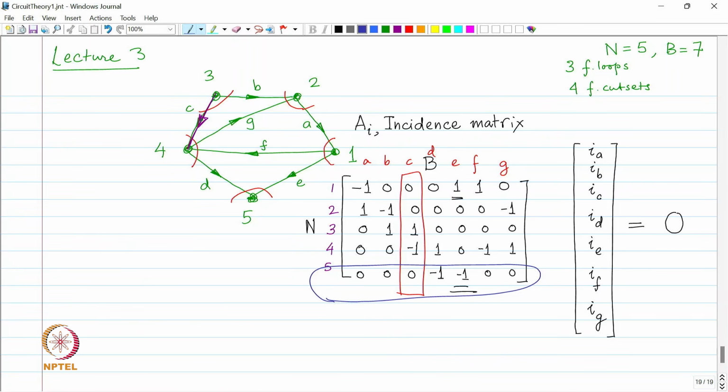We are going to, instead of calling it 5, call it 0. We are going to call it the 0th node, all right. Some people call it the reference node, some people call it datum, some people call it ground, and some people call it earth.